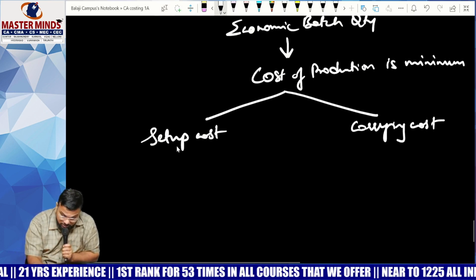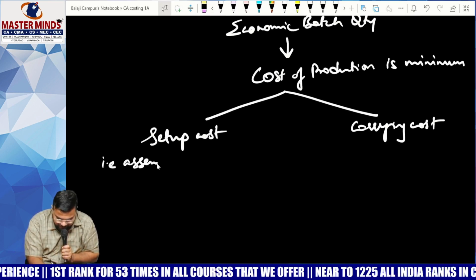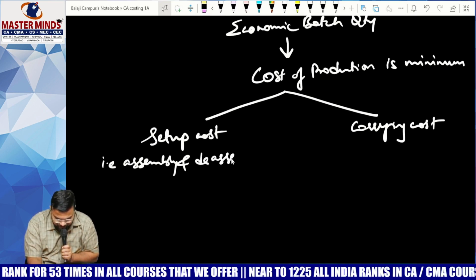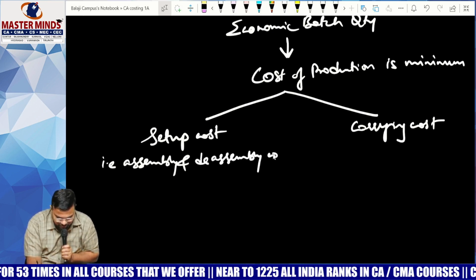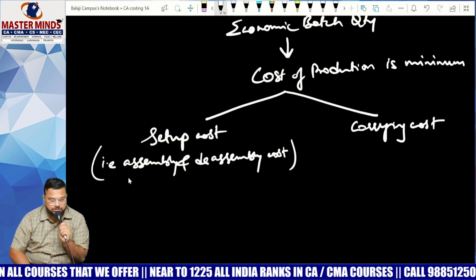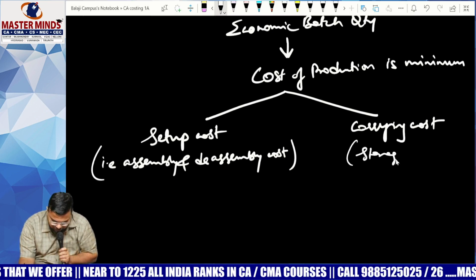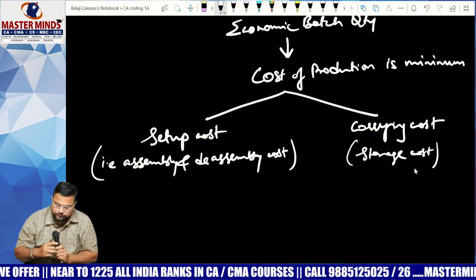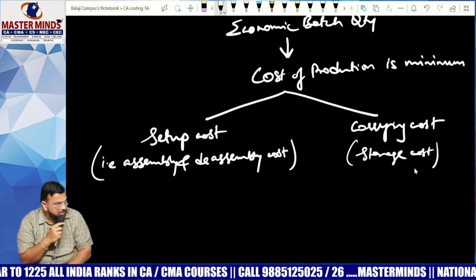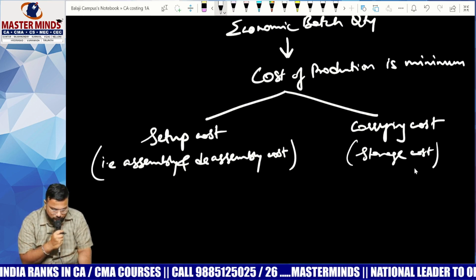Setup cost means assembly and de-assembly cost. And carrying cost means storage cost. These are the two costs. Its summation, setup cost and carrying cost, is called cost of production.